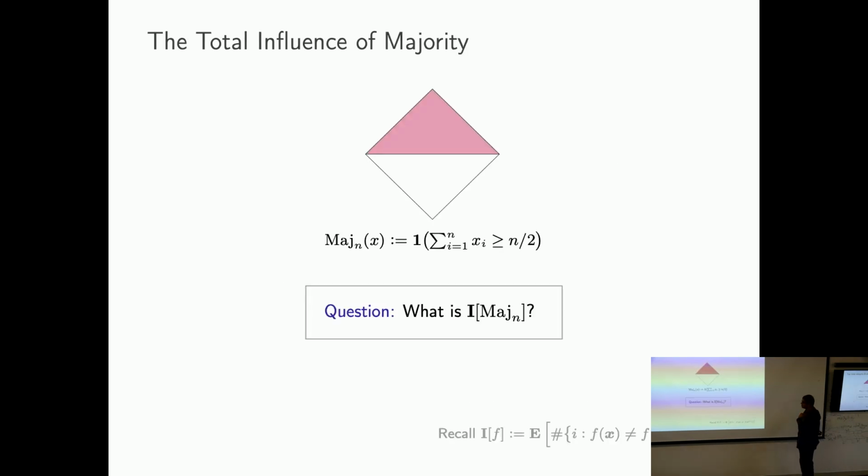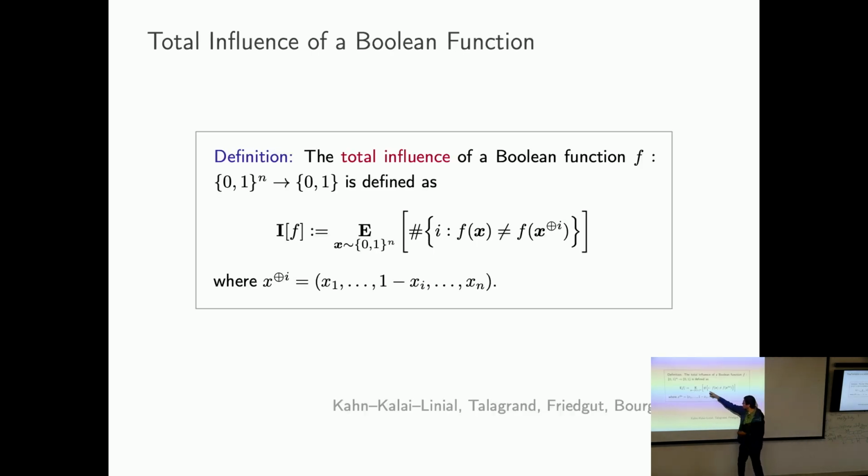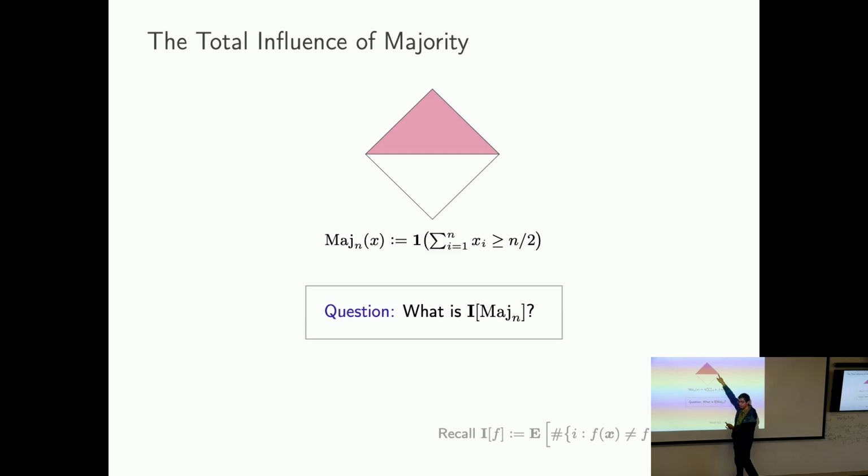And as a fun exercise, does anyone want to guess what the influence of majority is? So it's going to be a number, but you're basically right. All the points in majority which count towards this are the points on this line, like you said. So you want to ask the probability of landing on that line.